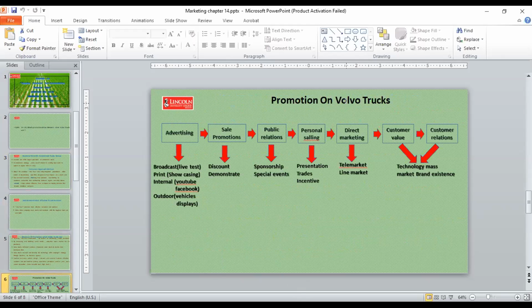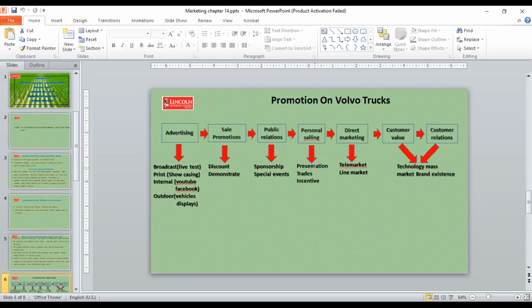And the promotion of Volvo Trust: first, base advertising, and then sales promotion. The advertising has broadcast, print, internet, outdoor, vehicle displays. Sales promotion: discount, demonstrations, others. Public relations: sponsorship, special events.